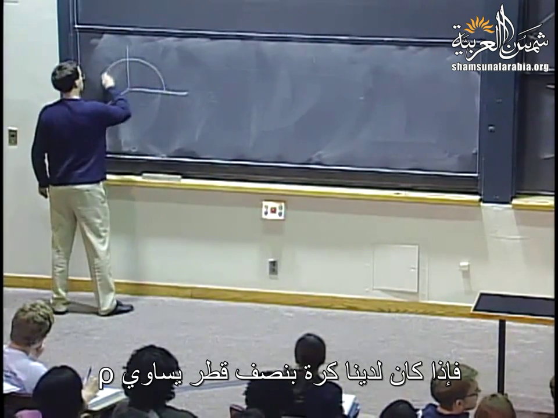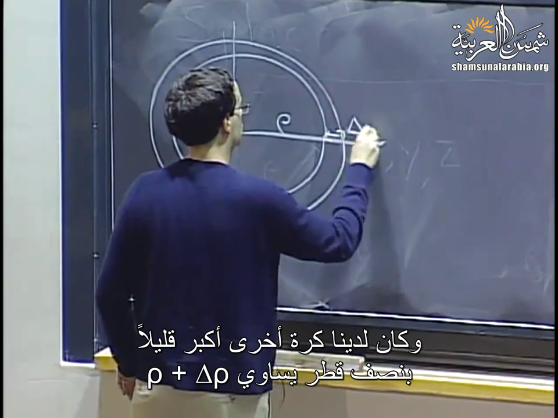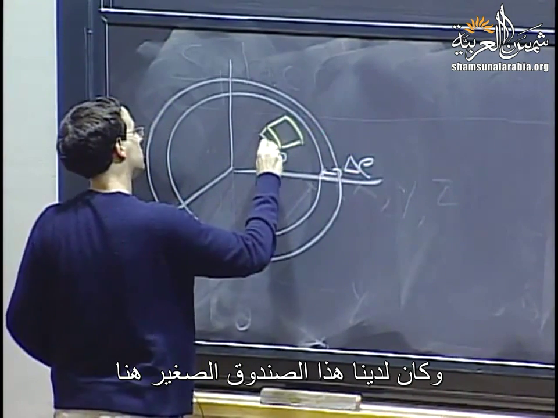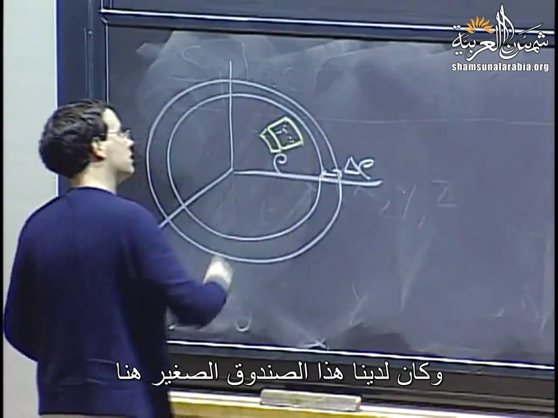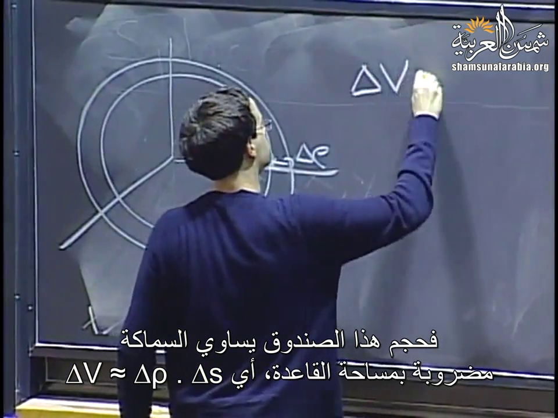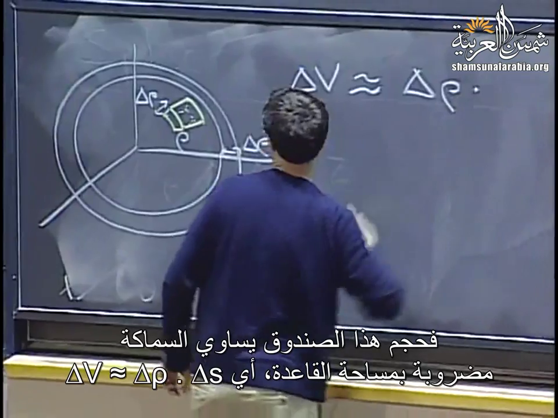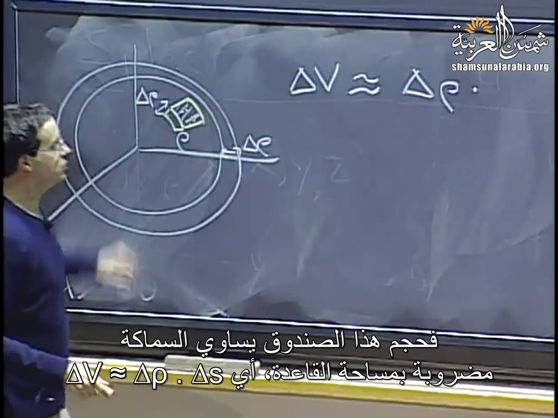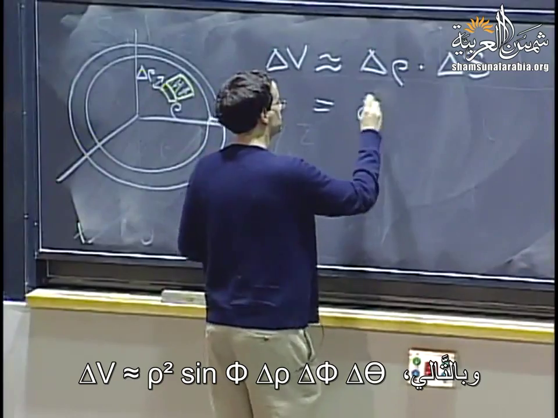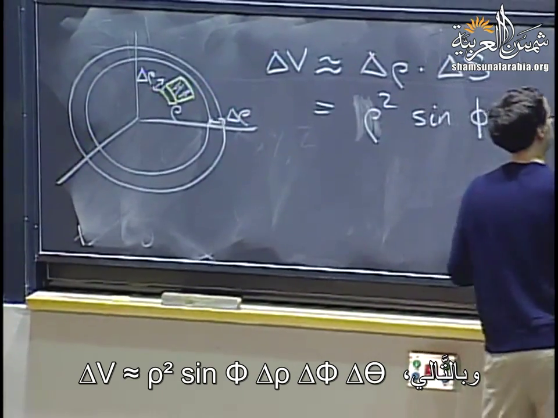So now if I have a sphere of radius rho and another one that's slightly bigger of radius rho plus delta rho, and then I have a little box in here, then I know that the volume of this thing will be essentially its thickness, which is going to be delta rho, times the area of its base, or top, doesn't really matter, which is what we've called delta S. Okay, so we'll get, a becomes rho now, rho squared sine phi, delta rho, delta phi, delta theta.